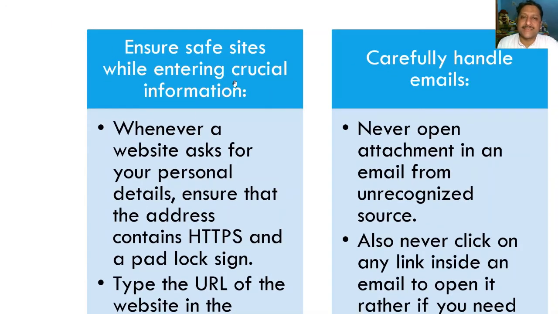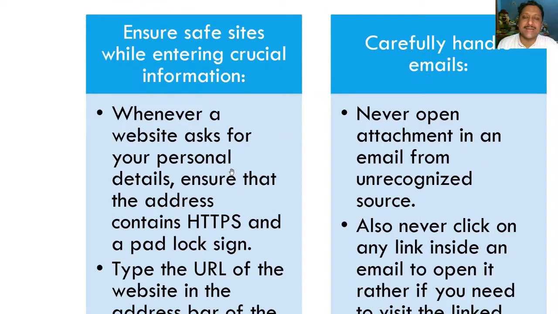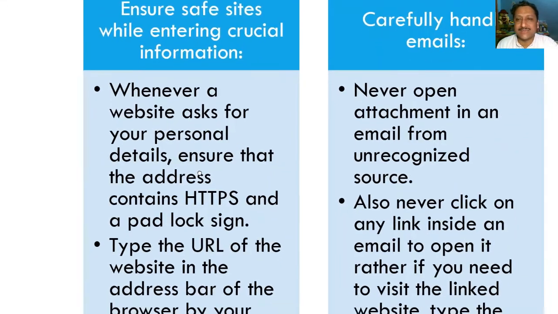Ensure safe sites while entering crucial information. You should ensure that a website is safe or not whenever you enter sensitive information such as your date of birth. How can you ensure this?